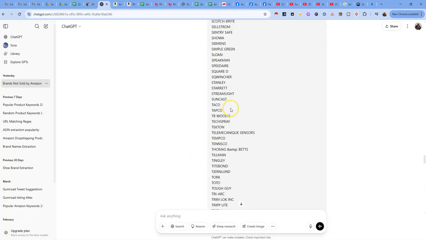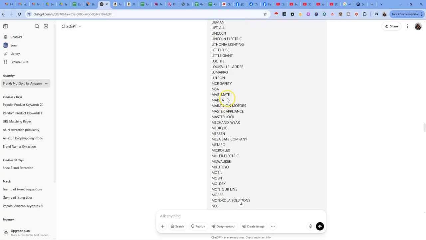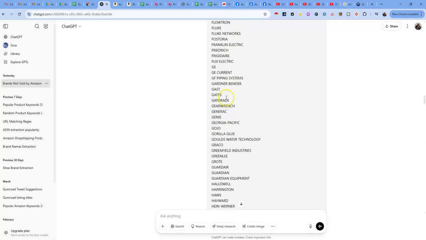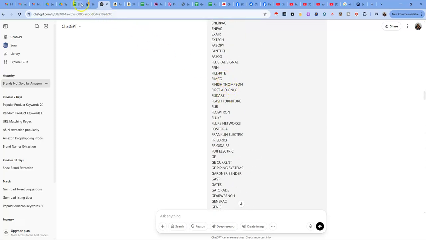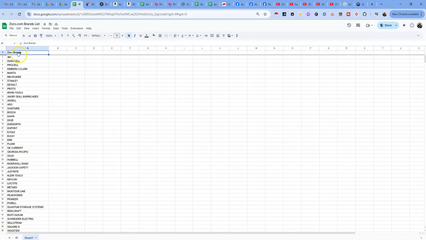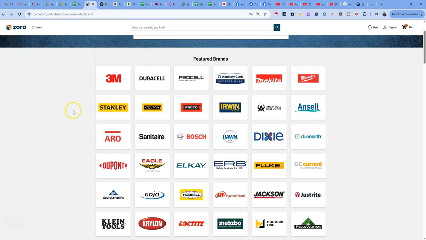Now, it's important to note, in order for me to do this, I had to have a list of Zoro brands, and I had to give that list to ChatGPT. I do have the list of Zoro brands on a spreadsheet that I scraped from Zoro. By the way, you can download these from me as well. It's included as part of all the different lists that I mentioned in the video description.